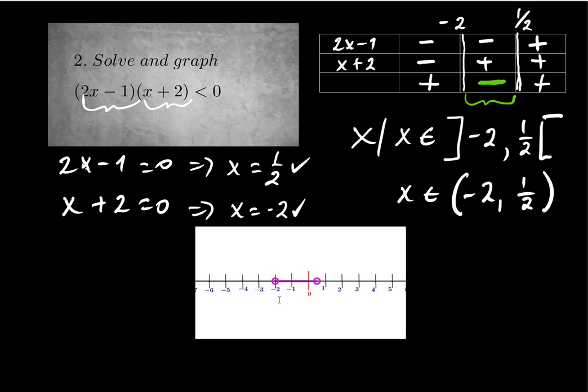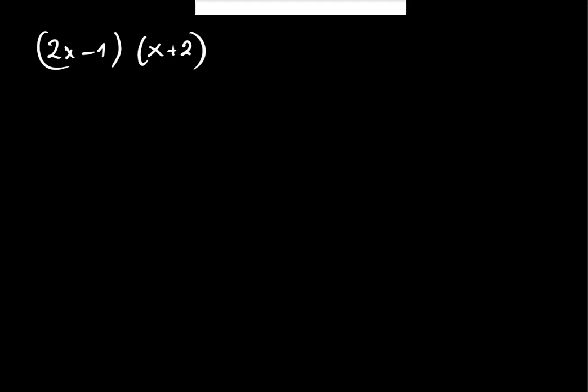Okay? We are going to push further, and now we are going to get back to our quadratic and show what we said before. Okay? So let's find our quadratic from this one.